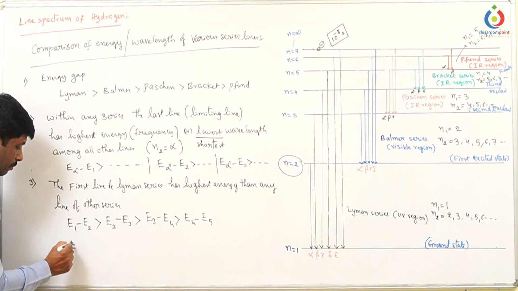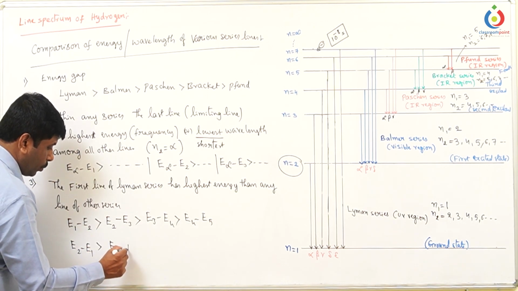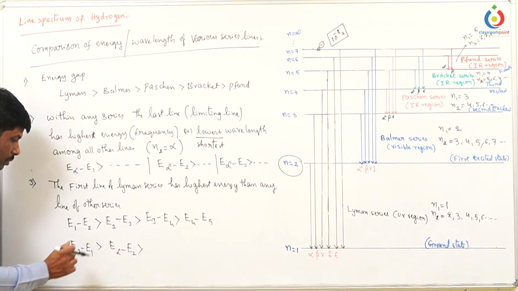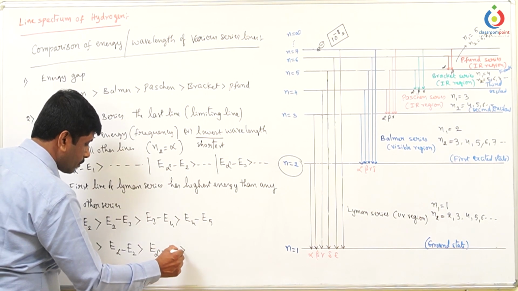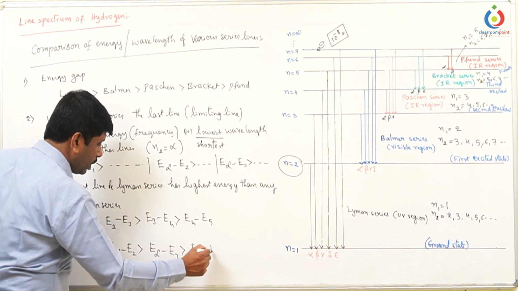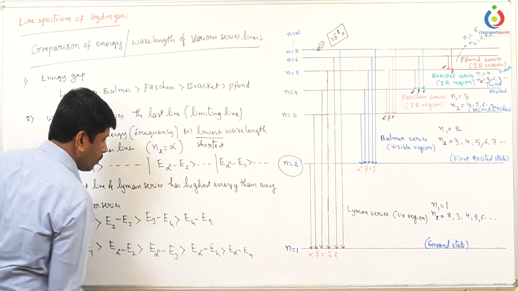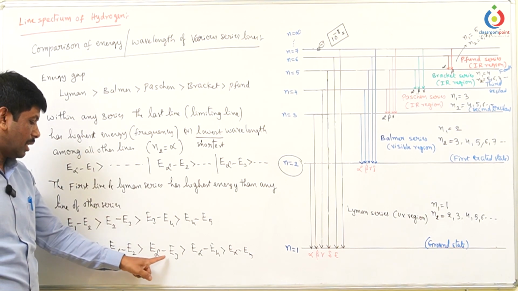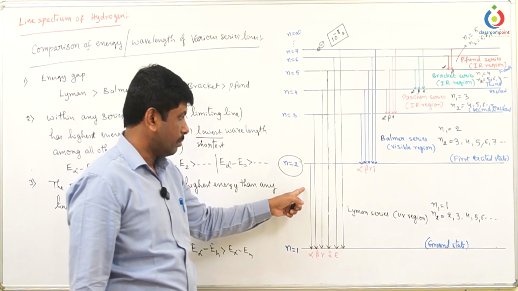Or else you can write E2 minus E1 energy is more than, for example, E infinity to E2. Even this has less energy than this one. Next one, E infinity to E3, E infinity to E4, E infinity to E5. That is what I am going to tell: any line of the other series shall have less energy compared to the first line of the Lyman series.